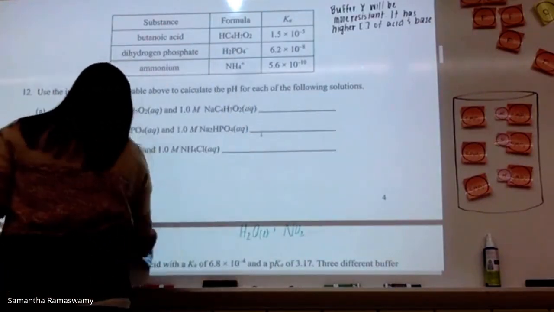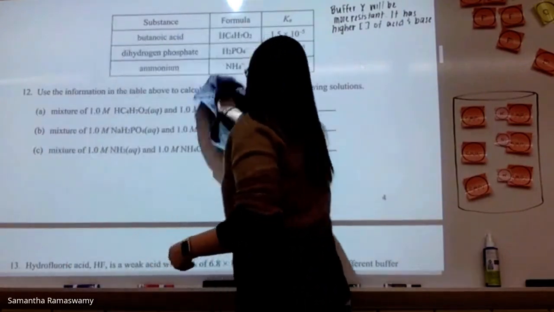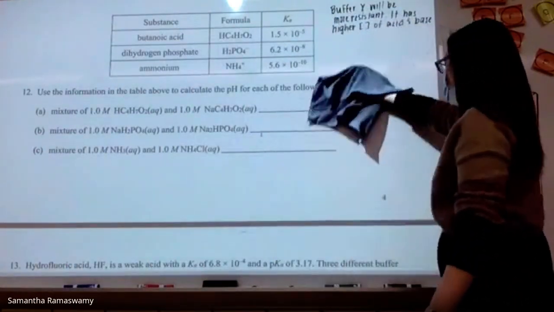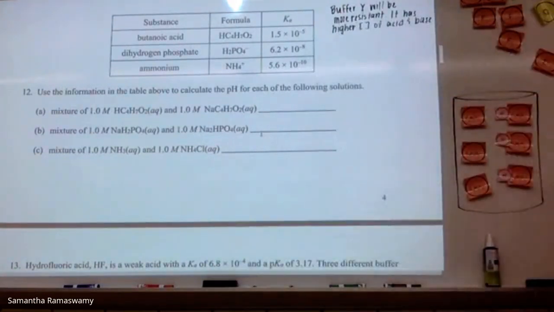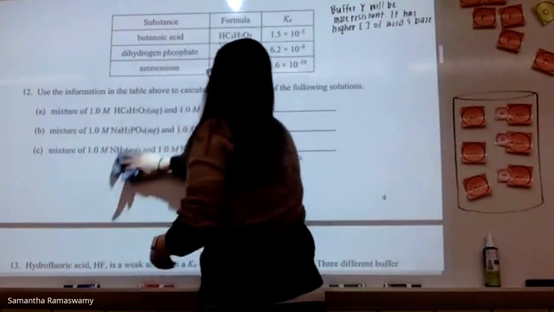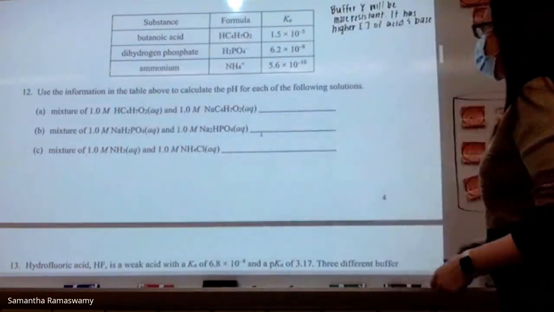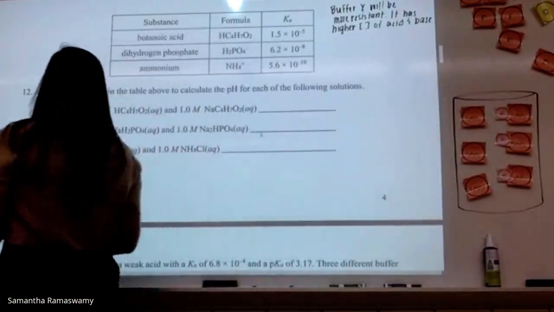Calculate the pH of each of these. They give you all of the Ka values, so you don't even have to do any conversions from Kb to Ka. Use the information in the table, calculate the pH, use the buffer equation.